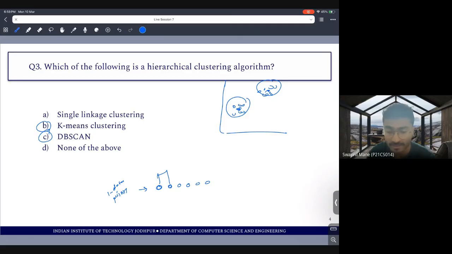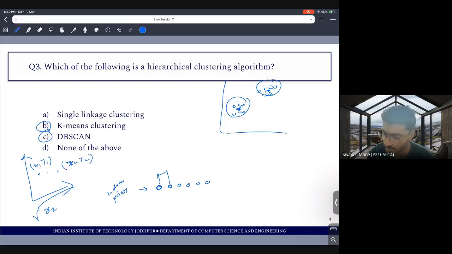How can we find the distance? You have a 2D plot with coordinates. One point is x1, y1, and another point is x2, y2.